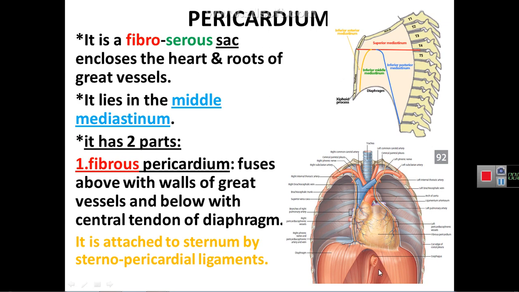The heart descends down during inspiration and ascends up during expiration. Actually, the pericardium fuses with the central tendon of the diaphragm. And also the fibrous pericardium is attached anteriorly to the body of sternum by a ligament which is called sternopericardial ligament.